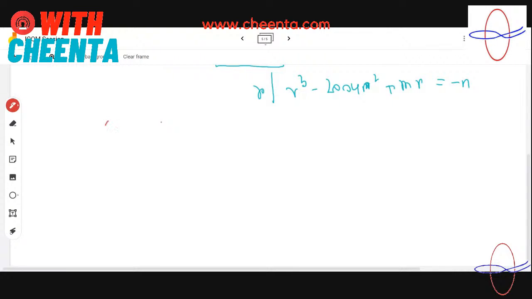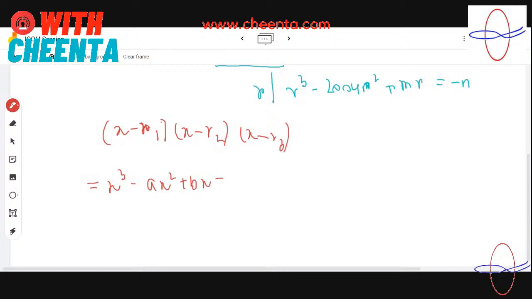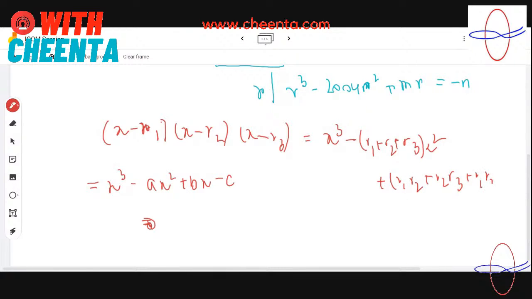It's very simple. If r1, r2, r3 are the roots, and you expand (x minus r1)(x minus r2)(x minus r3) in the form x cube minus ax square plus bx minus c, you will get x cube minus (r1 plus r2 plus r3) x square plus (r1 r2 plus r2 r3 plus r1 r3) x minus r1 r2 r3.